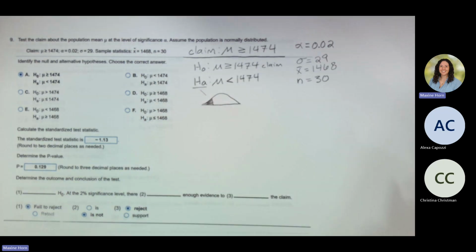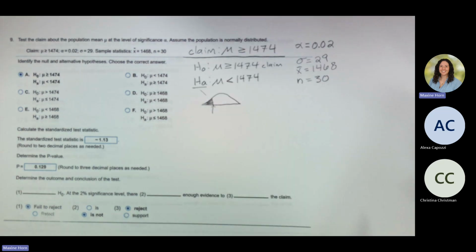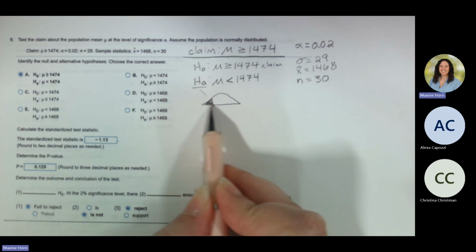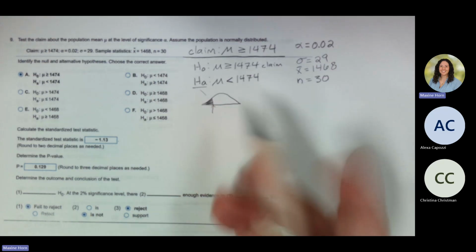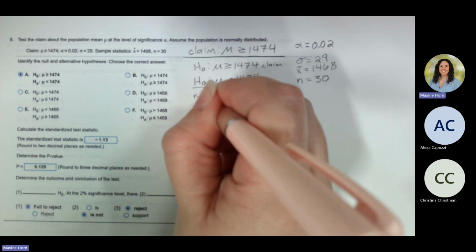Okay, so we are going to calculate the standardized test statistic, which is the z-score that separates the shaded area from the not shaded area. Then we're going to use that z-score to find the area of the shaded region, which is our p-value.